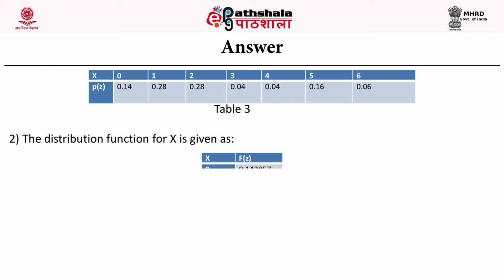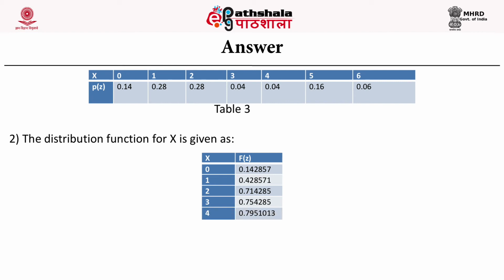The probability function for x is given here. As we know, to find the distribution function we have to club the probabilities. The probability of x equal to 0 is 0.14, and when you club the probability of x equal to 0 with the probability of x equal to 1, the value comes out to 0.428571, and so on.